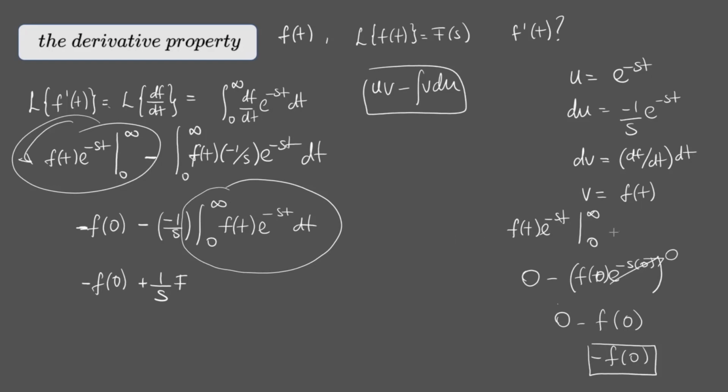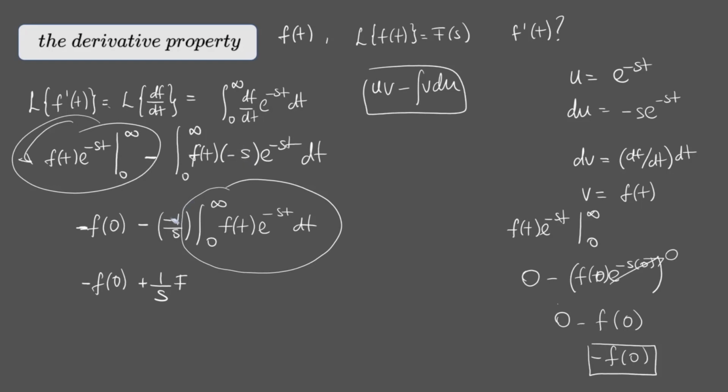Okay, I made a mistake in my differentiation here. Apologies. u is e to the negative st, du is minus s e to the minus st. That's a really dangerous mistake.